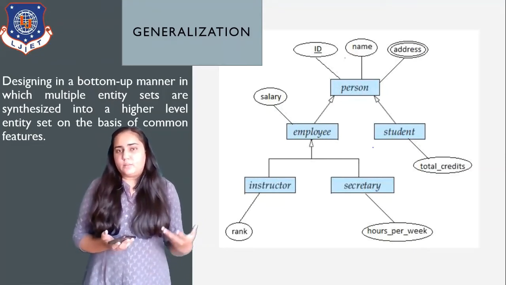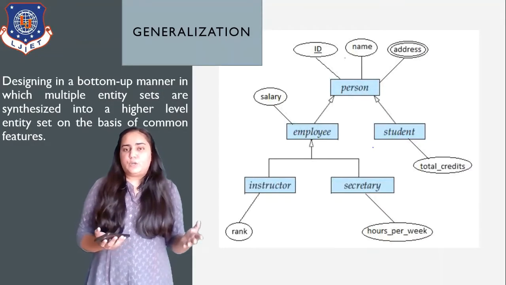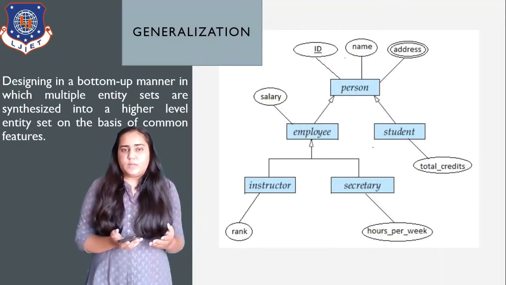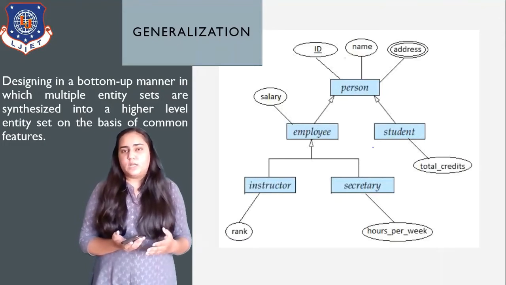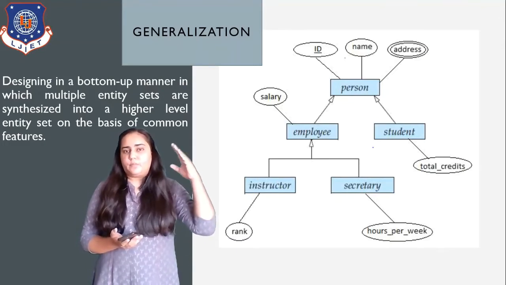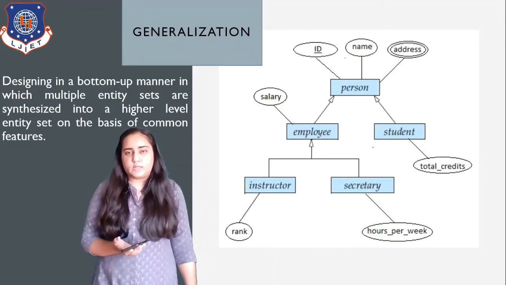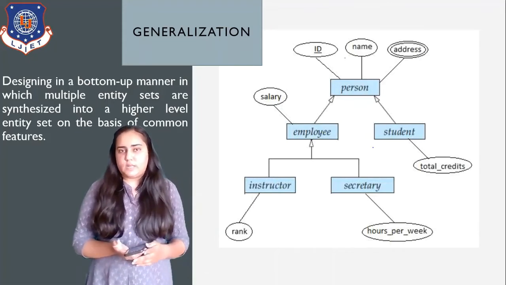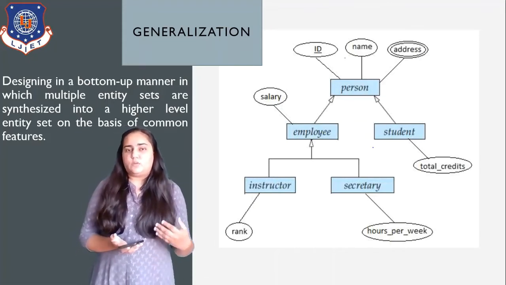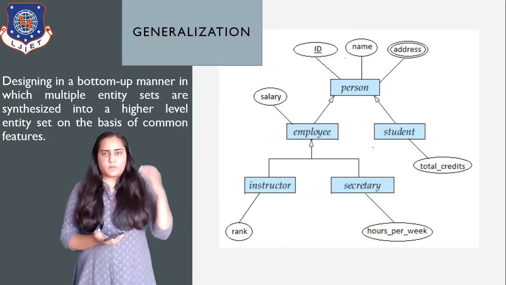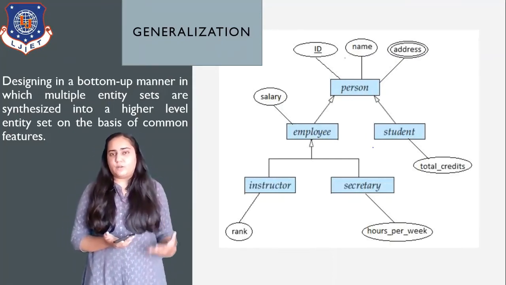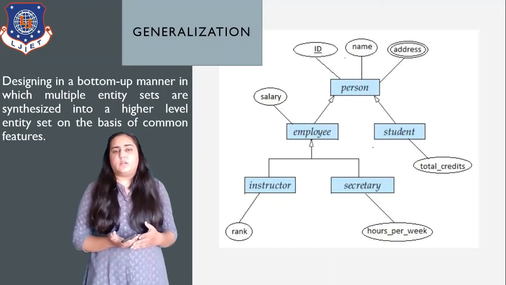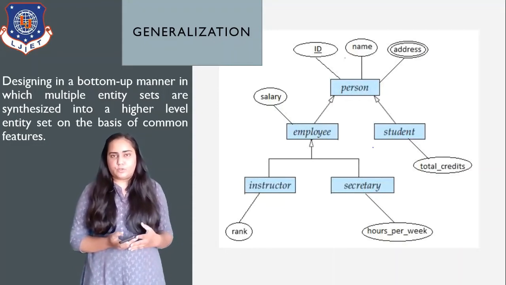Instead, because there are common attributes, you could merge them into an entity set, put it on a level above employee and student, and put those attributes on that higher entity set. That would be generalization. So it's just the way you think. If you are thinking from top to bottom, it is specialization. But if you're thinking from bottom to top, then that is a generalization approach.